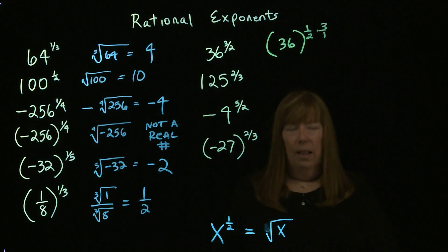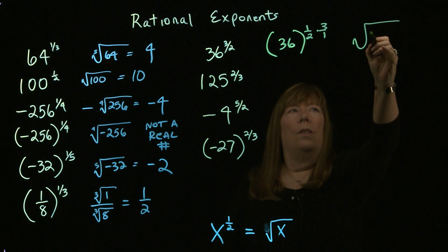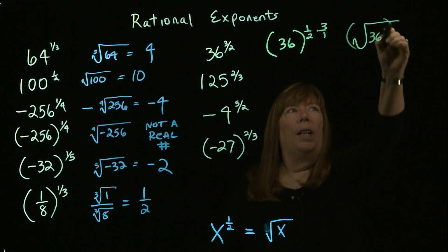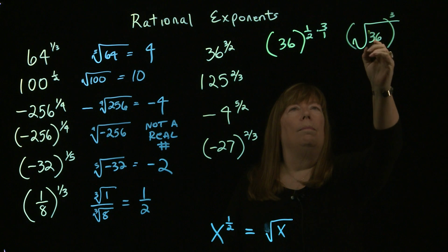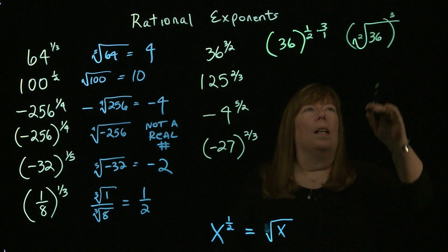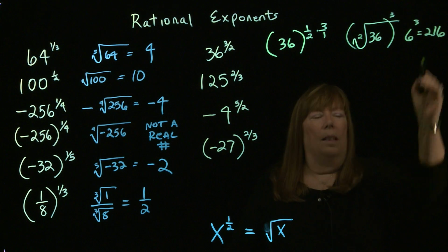Now, why did I do that? So that I would know this is your index. So the 36 goes here. And then when we get this, we're going to cube it. The square root of 36 is 6, and 6 cubed is 216.